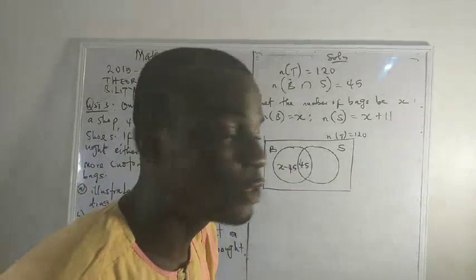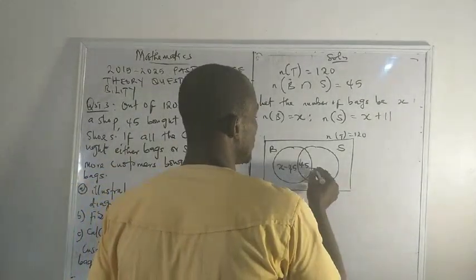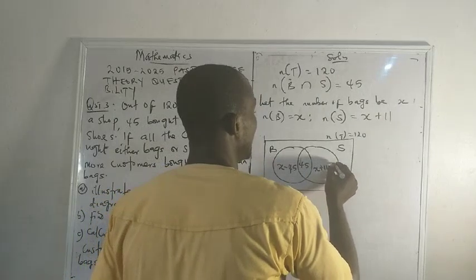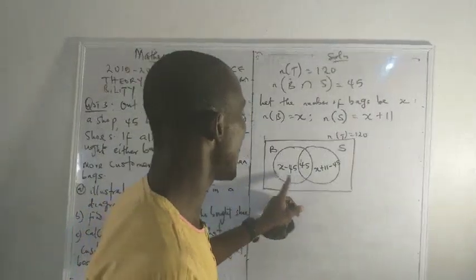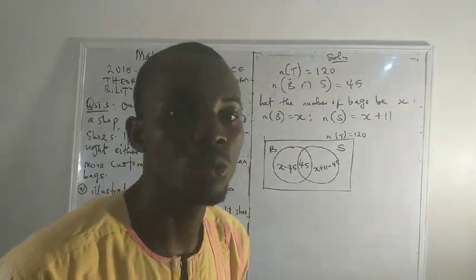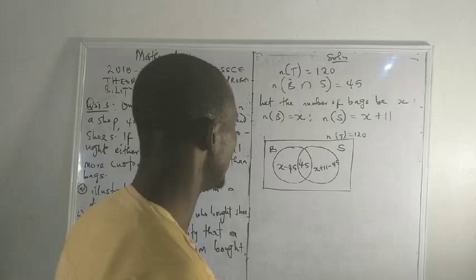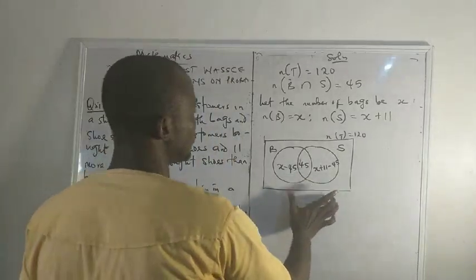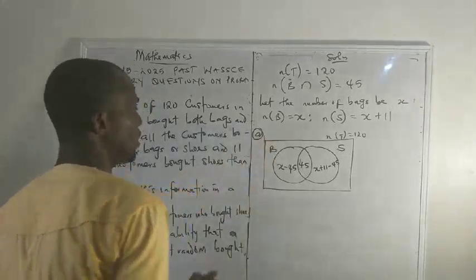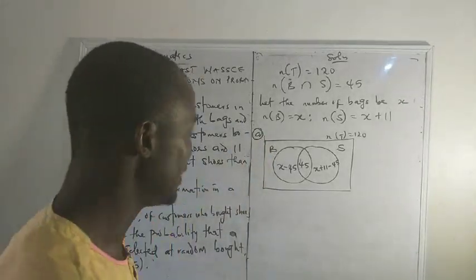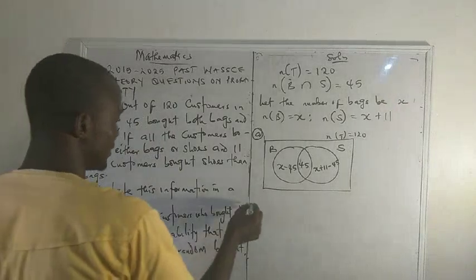And to get the number of those who bought only shoes, we have to do this minus 45. Always, if you write X and X plus 11, you are wrong already. So here, this is the correct representation of the information. And then we've answered the first part of the question. That is done. The B part is where we are now.